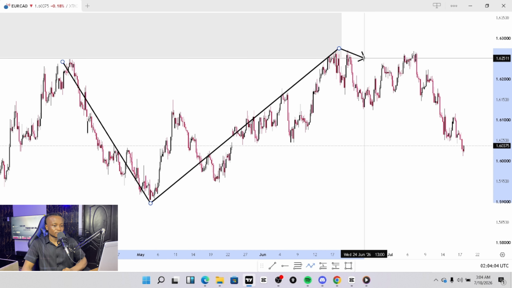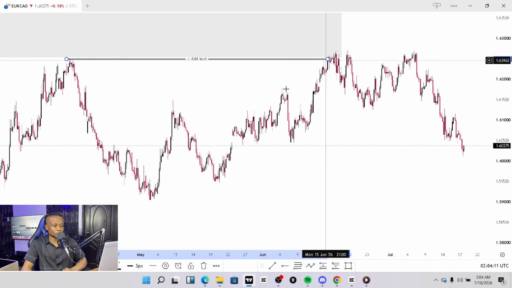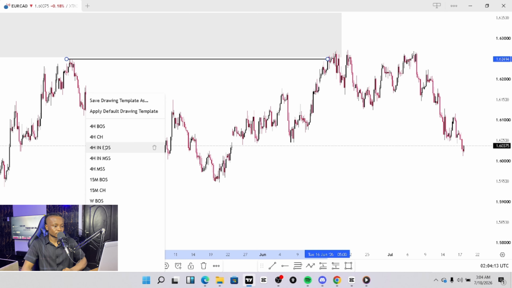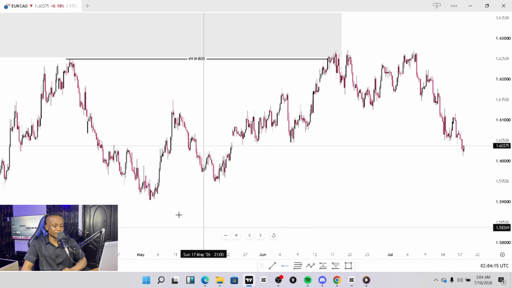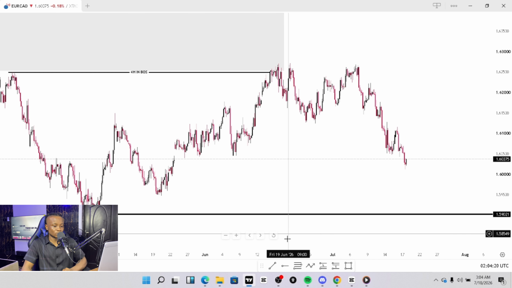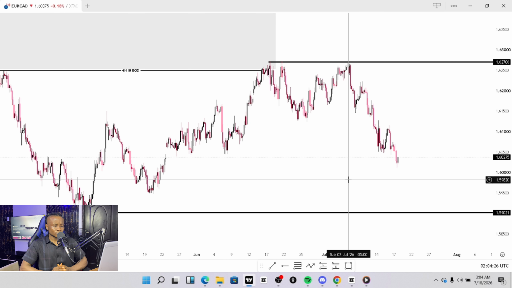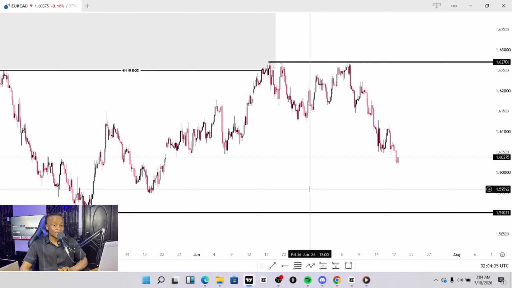Okay, so this means this is a break of structure, internal break of structure, internal BOS, and this is our most recent internal low, and this is our most recent internal high. So you can see now immediately that EURCAD structure is what? Bullish. Internal structure is bullish.